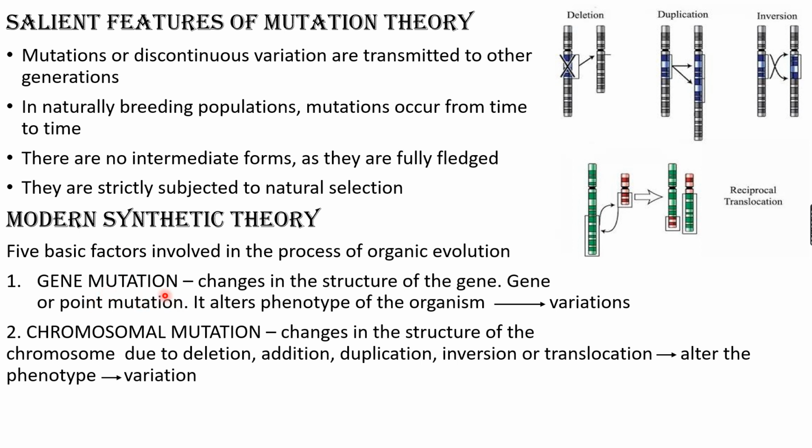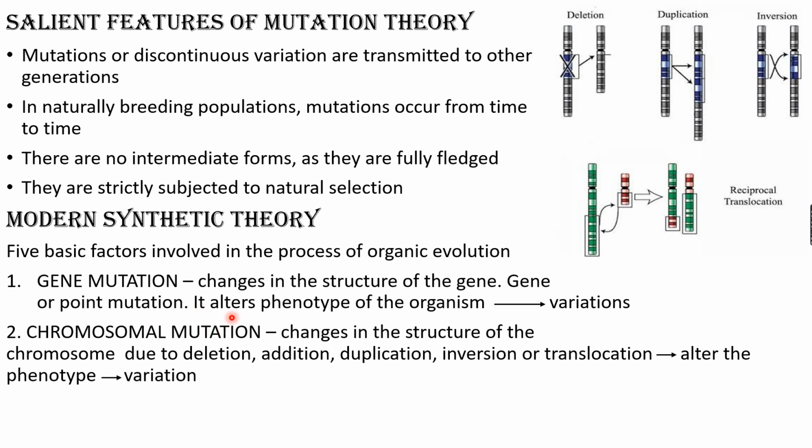The first one is gene mutation. Already I said mutation is sudden and large changes that occur in the gene structure or chromosome number. And if it occurs in the particular structure of the gene alone, then the mutation is called gene mutation or point mutation. So changes in the structure of the gene is called gene mutation or point mutation.